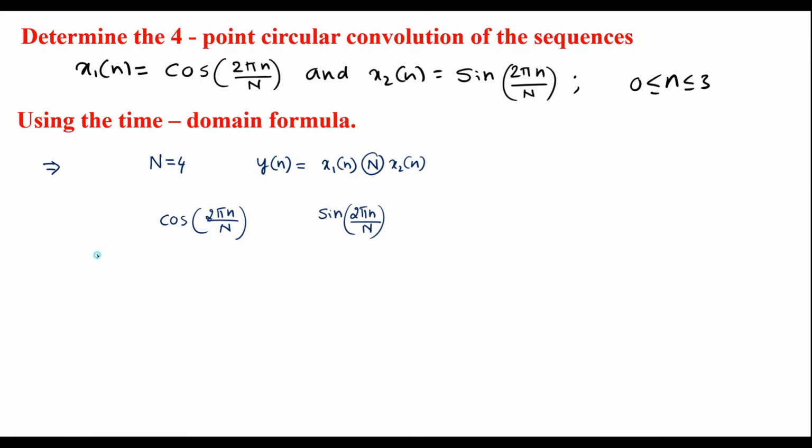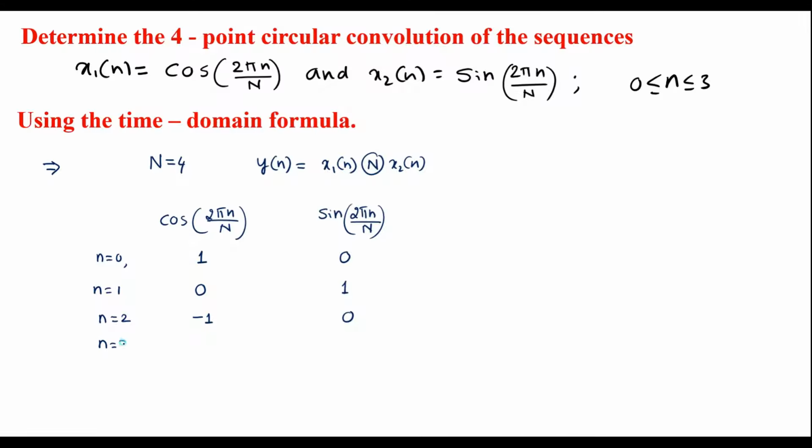If we take n is equal to 0, in that case cos value will be 1 and sin value will be 0. If we consider n equal to 1, the cos value is 0, sin will be 1. If we consider n equal to 2, this value will be minus 1, this will be 0.